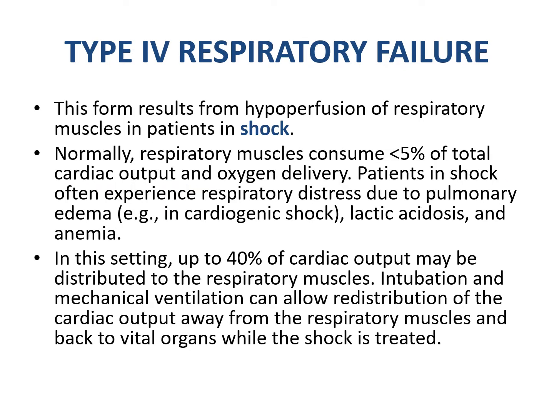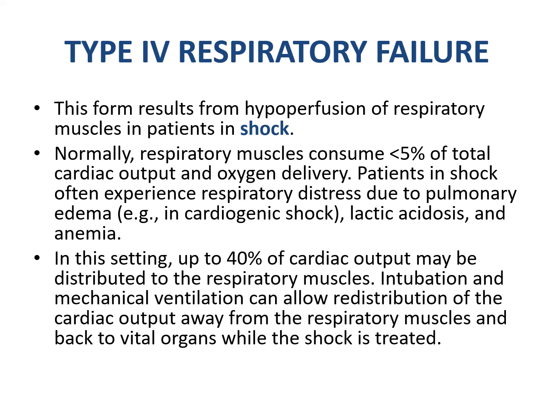Type 4 respiratory failure results from hypoperfusion of respiratory muscles in patients in shock. Normally, respiratory muscles consume less than 5% of total cardiac output and oxygen delivery. Patients in shock often experience respiratory distress due to pulmonary edema in cardiogenic shock, for example, lactic acidosis, and anemia.